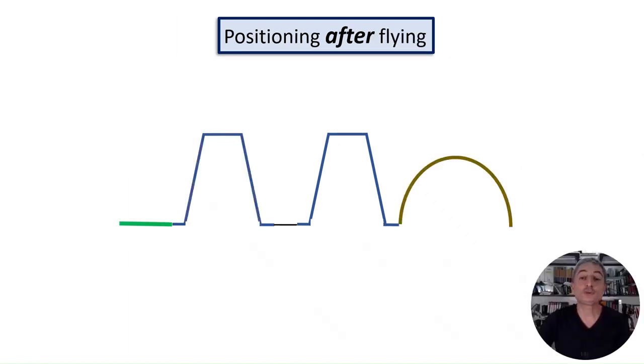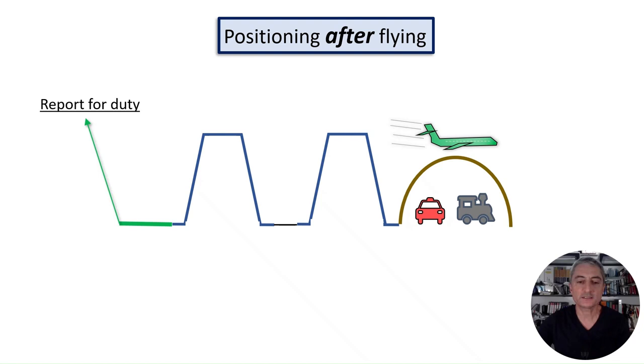If the positioning is after flying, so you report for duty as normal in your base, then you do some sectors and then you finish your duty in another place. So you need to go back either by aircraft, by train, by car, whatever. In this case, it doesn't matter. It's always the same. The end of duty doesn't change, meaning there's no post duty. The 20 minutes is not such a thing.